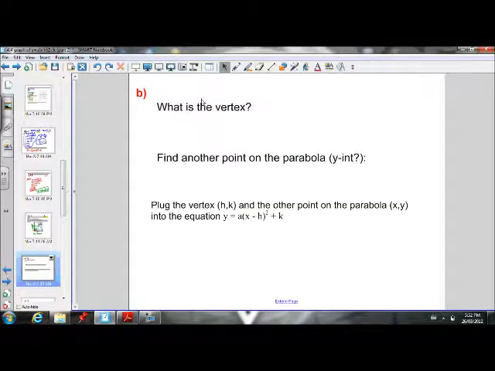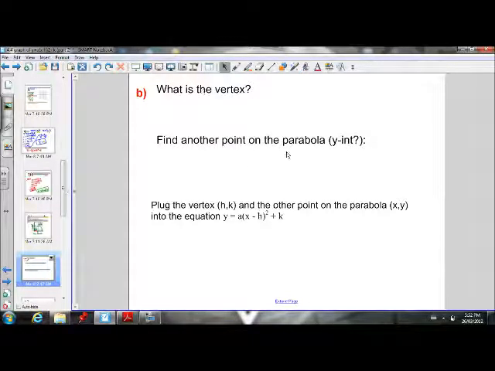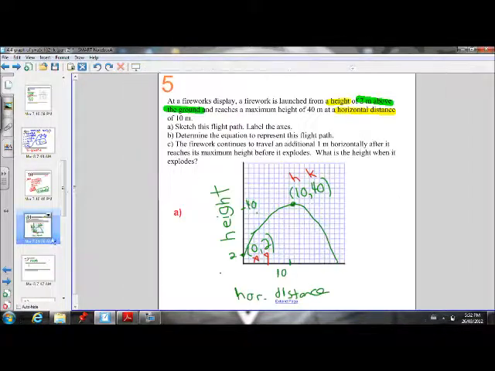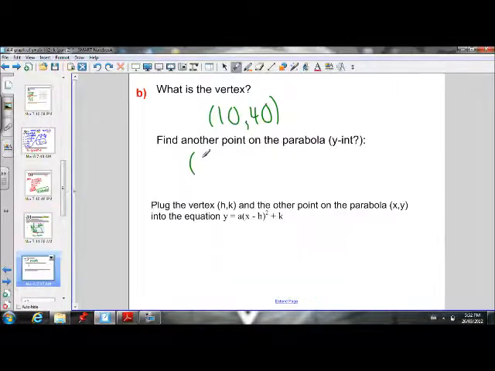The vertex we discovered was (10, 40). So I'll just jot that down. Vertex (10, 40). Another point on the parabola, which in this case was the y-intercept. It crosses the y-axis at (0, 2). So our other point was (0, 2).